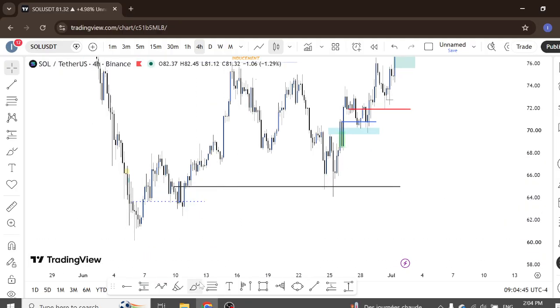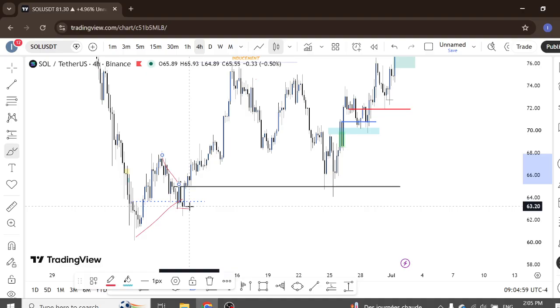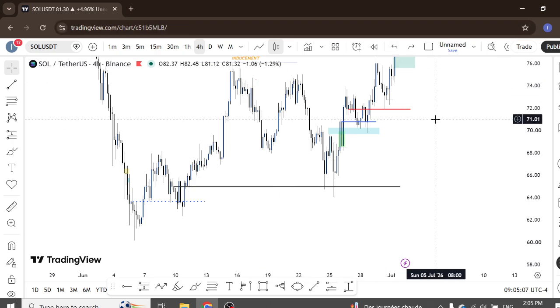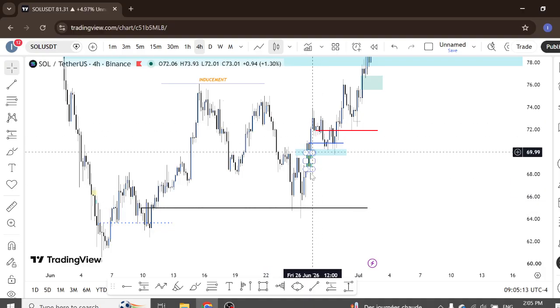As you see, before we go on this move higher, we already manipulated people, this low, this kind of trend line. So it was forming some kind of retail traders' logic when they break out. Okay, so that's why it is a real order block, and the market induced that confirmation number 2, and then it broke through.